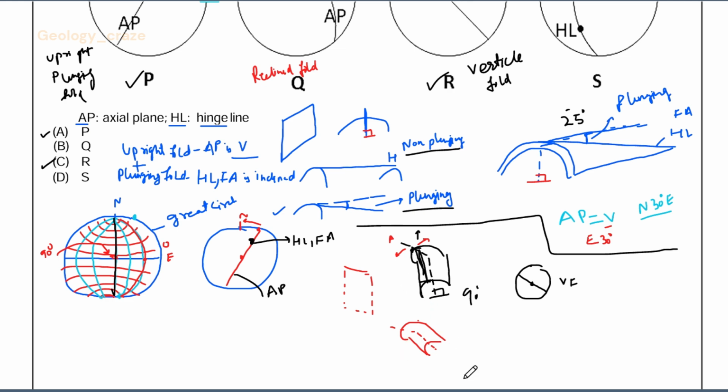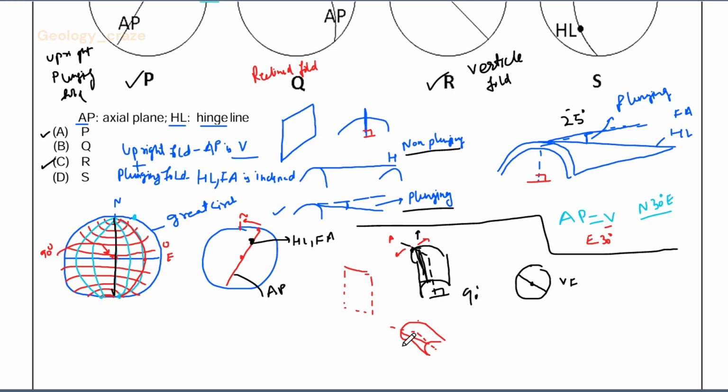And our hinge line is dipping toward the same direction where our axial plane is dipping. You can try with your hand. Make a vertical fold and then tilt it toward right or left a little bit, and then tilt the hinge line also, which is straight now, in the same direction a little bit.